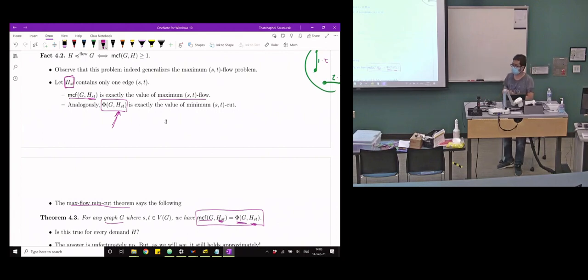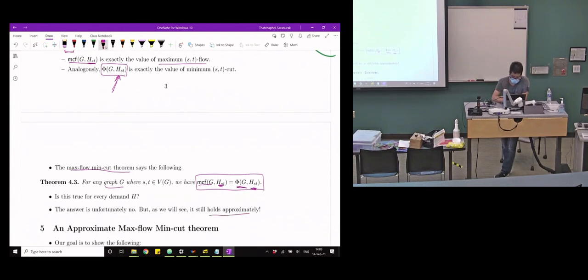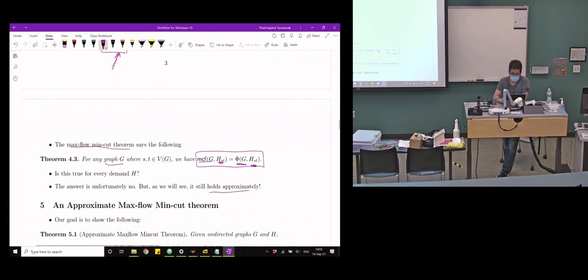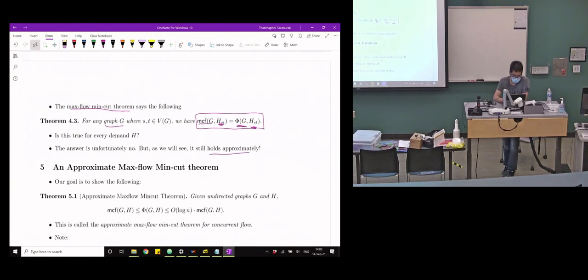But is this true for every demand? We can ask. But no, it is not. But we will see that actually it's still approximately true. So we will see a generalization of the Max-Flow Min-Cut theorem for any demand, not just single demand.